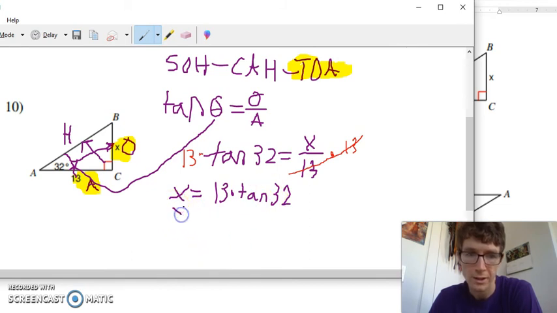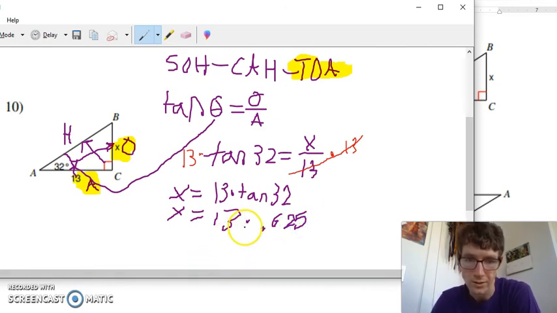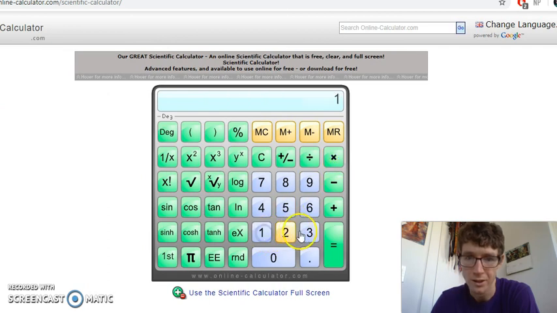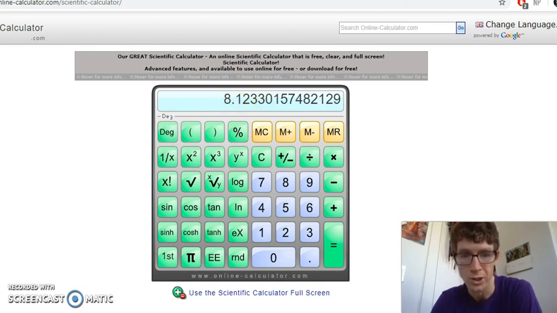So x is equal to 13 times 0.625. Okay, so let's figure out what 13 times 0.625 is. And I already have it on my calculator over here, so let's just do this times 13. What do we get? We get 8.12. I'm just going to call it 8.12.